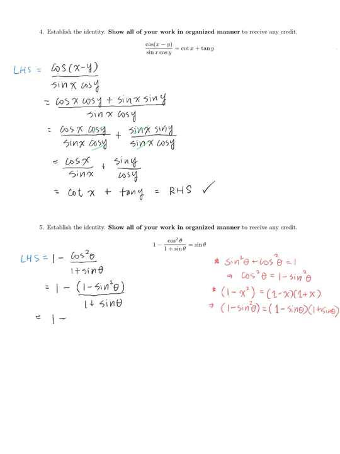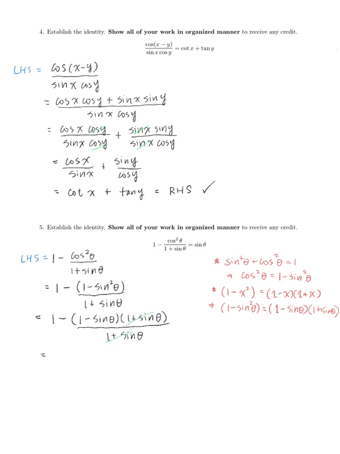So you have 1 minus sine of theta, and then 1 plus sine of theta, and whole thing over 1 plus sine of theta. Okay, so notice that we can cancel these two.